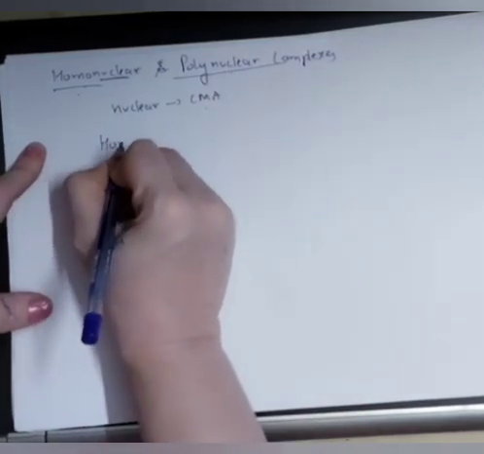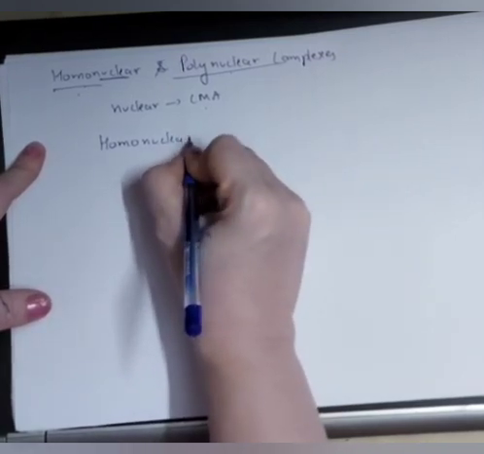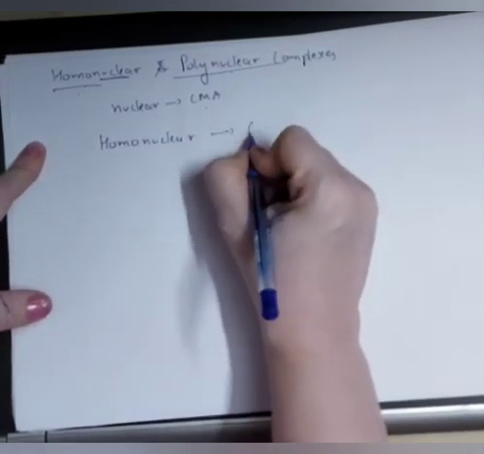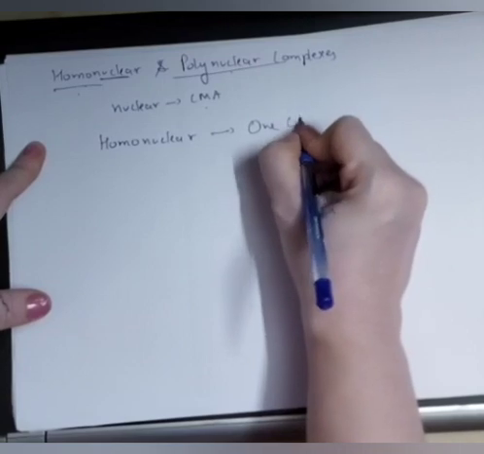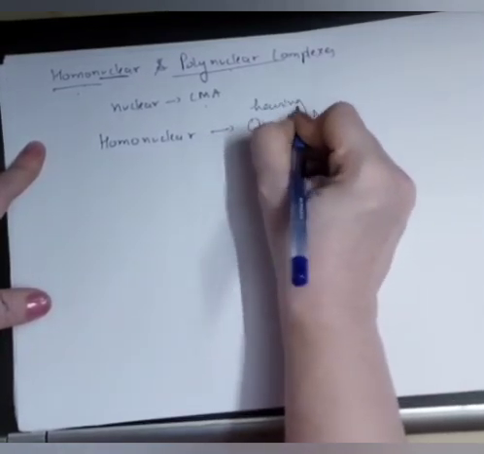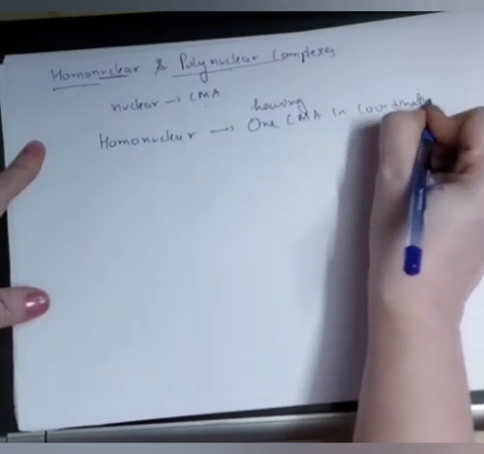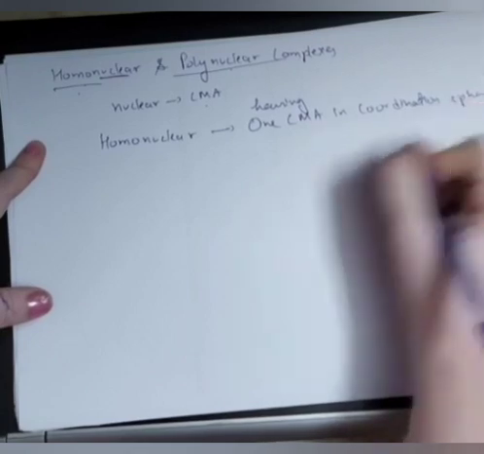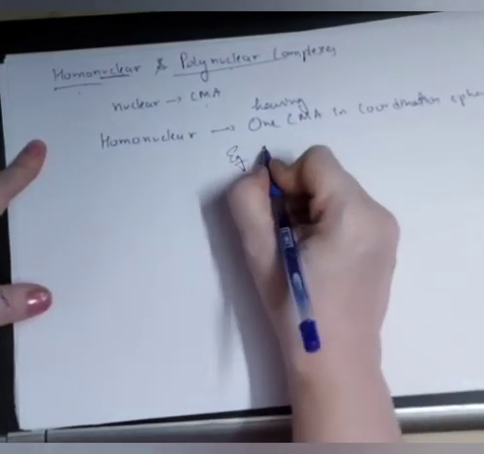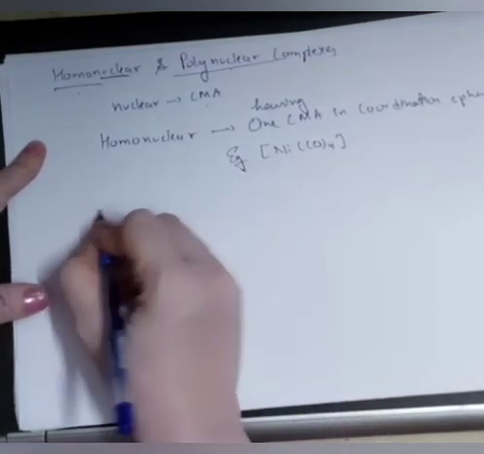So for homonuclear, I am going to discuss an example: one central metal atom in the coordination sphere. Example like Ni(CO)4.